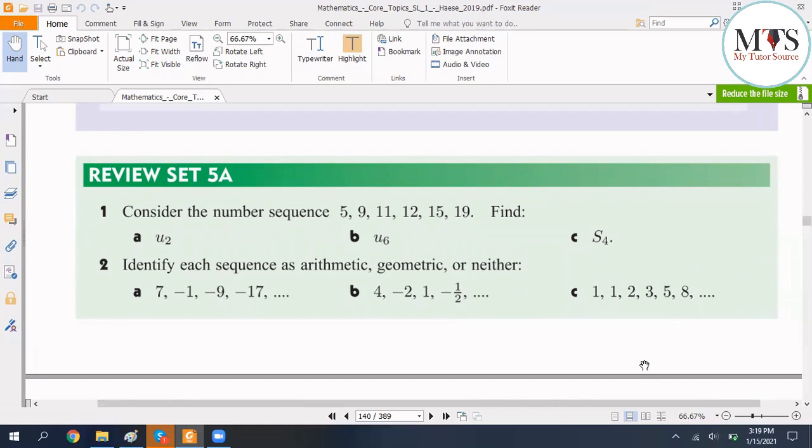So it's going to be U6 equals 5 plus n minus 1 multiplied by, what's the difference? So it's 4, 2.